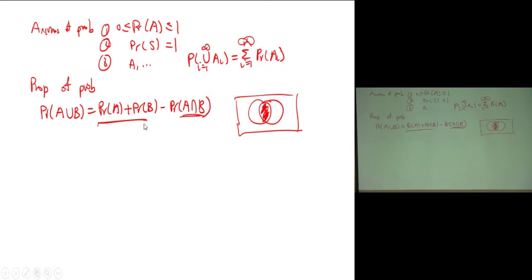Of course this can be extended to the probability of A union B union C. So you have to know how this can be represented. It's more complicated.